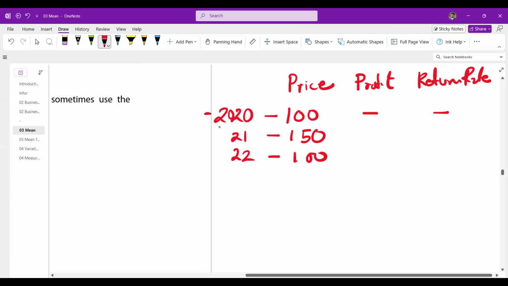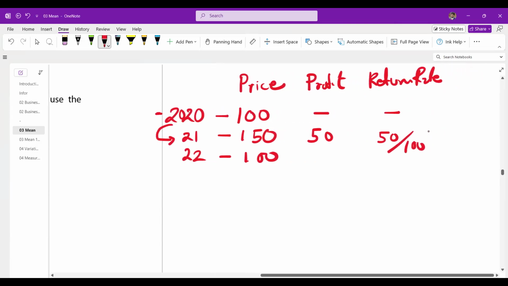And we sell this stock at 150, so the profit is 50 rupees. This 50 rupees is obtained on 100 rupees, so multiplying by 100%, the rate of return is 50%.